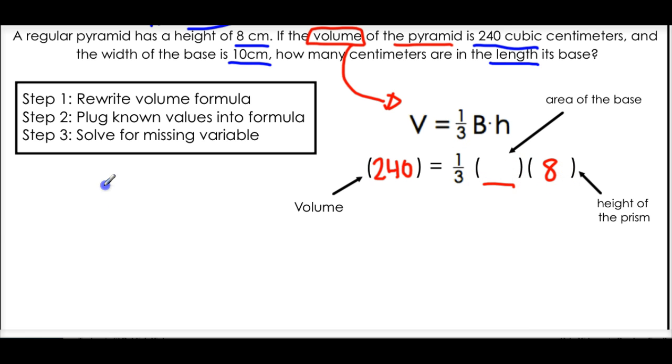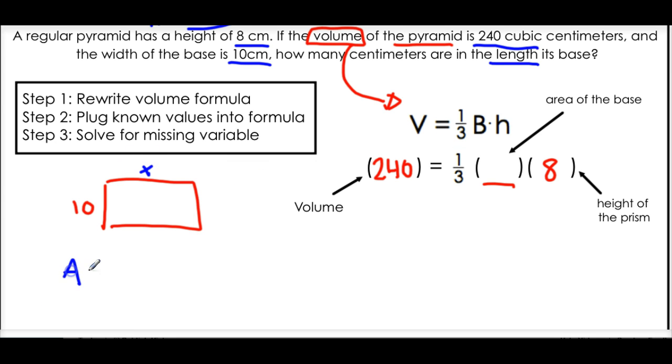But we can draw our base. The base is a rectangle. It's a regular pyramid, which means it has a rectangular or a square base. We know the width is 10, but we do not know the length, so it's just an x.